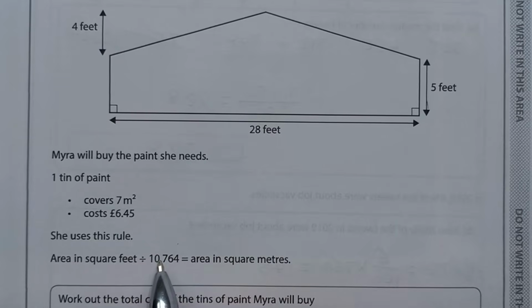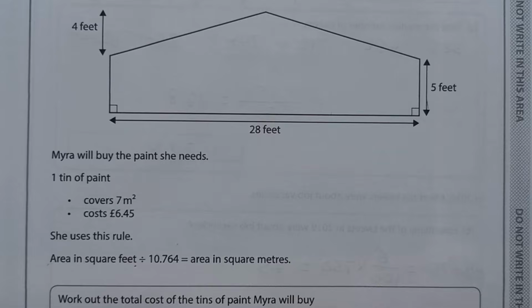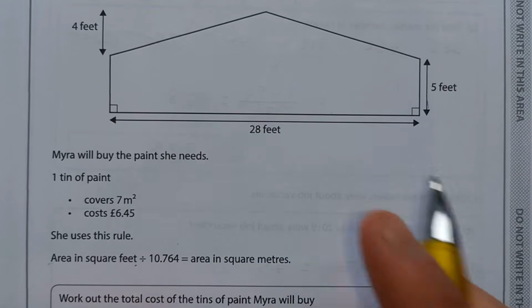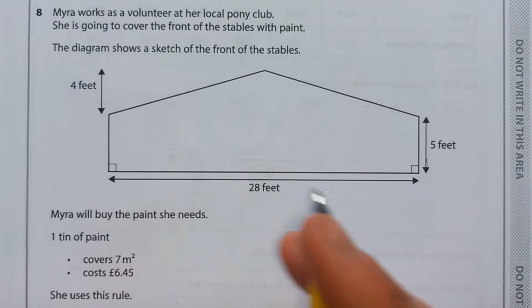But because this rule that they've given us works with area in square feet, we need to work out the area first and then use this rule to convert. Also we haven't been told how many feet there are in a metre, so we can't do that conversion anyway. Right, so we've got to work out the area of this.